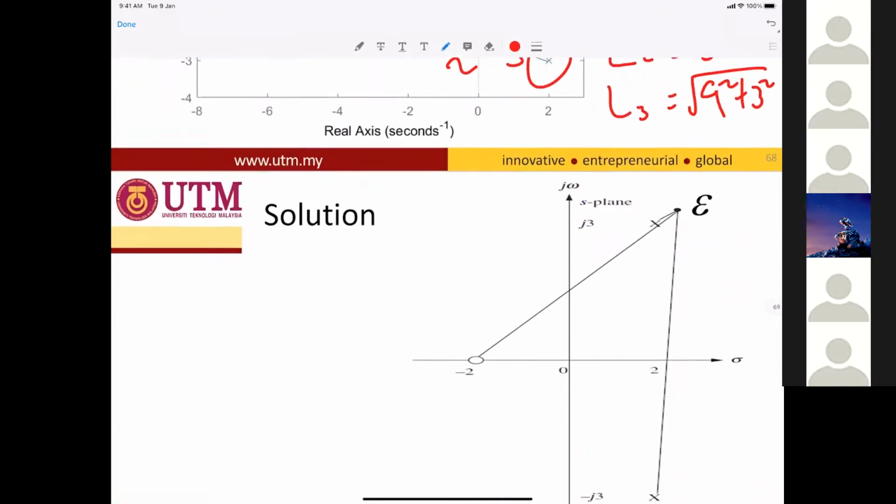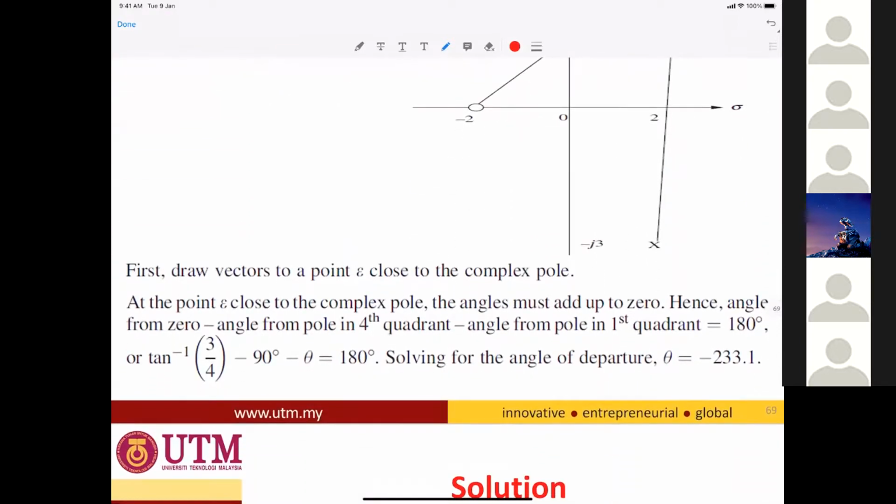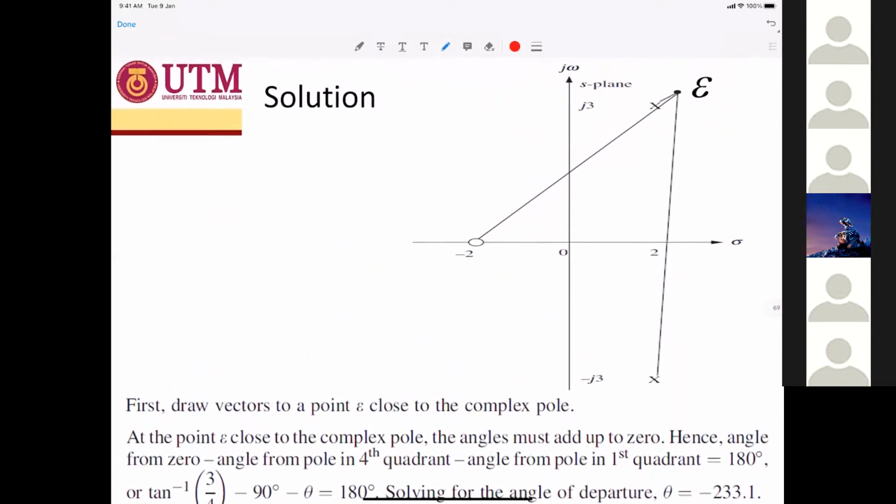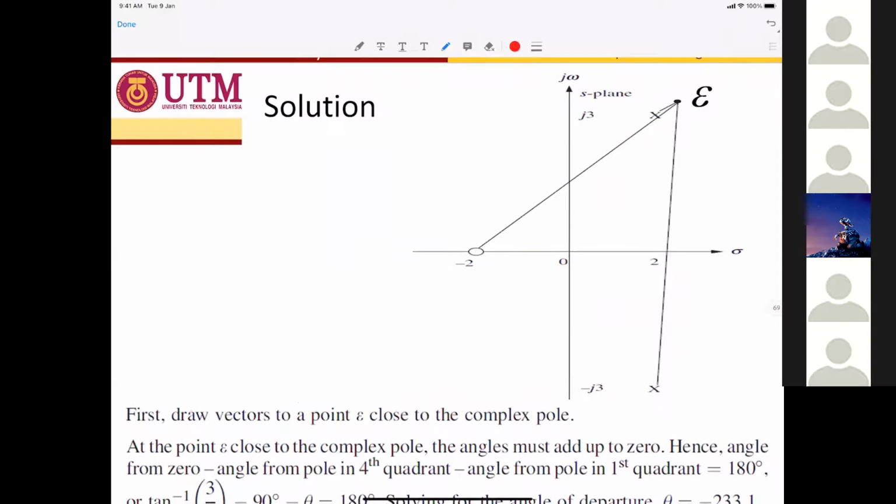Okay, 18. Then for the angle of departure, first draw the vectors to a point epsilon close to the complex poles. Your complex poles are here, -2 plus or minus j3.